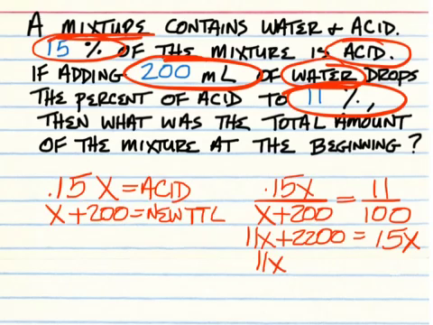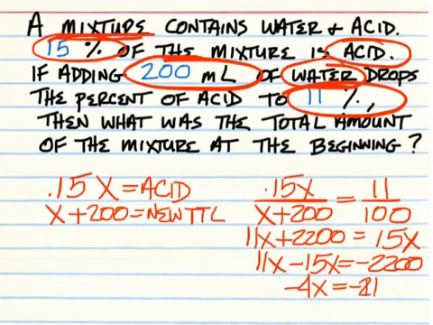I know this is different than what we've done the past two problems, but you could do 11x minus 15x equals a negative 2200, to get a negative 4x equals a negative 2200. And when you do that division, you should come up with 550 milliliters.